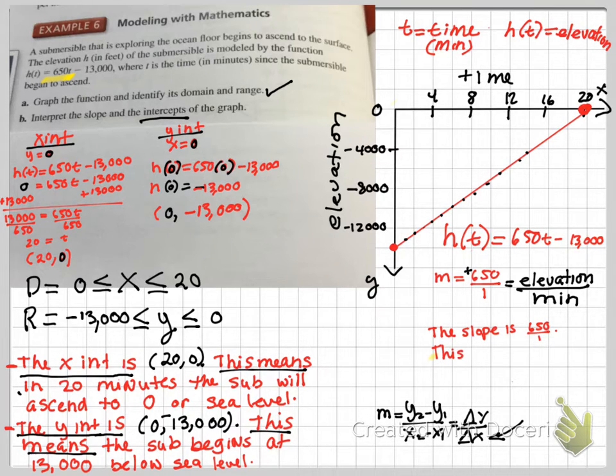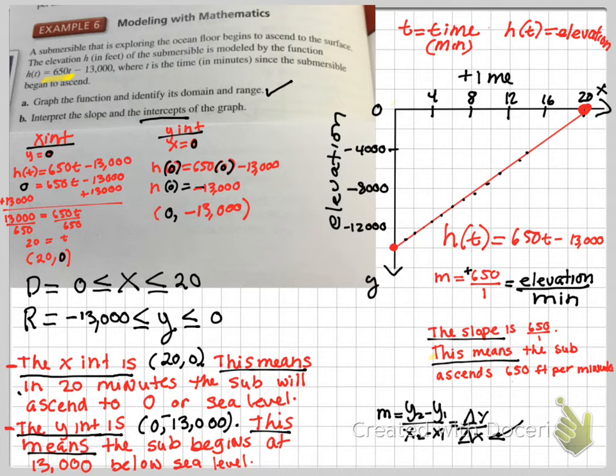This means, same thing, same protocol, the sub ascends, increases, rises, because it's positive, 650 feet per minute. There we have it. Now we have identified the slope and we have interpreted the slope.